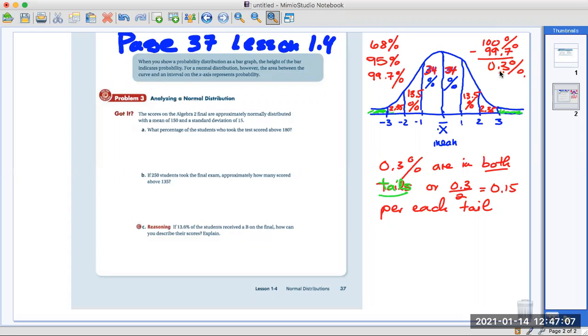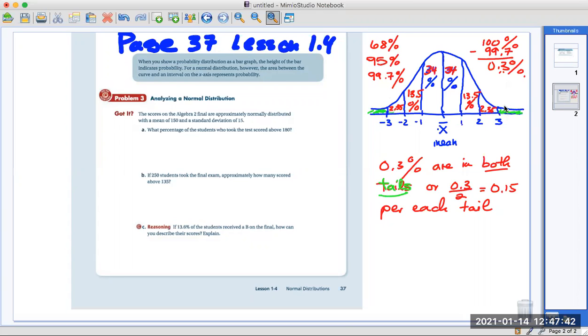The data within 1 standard deviation is 68%, 34 plus 34. 95% are within 2 standard deviations, and 99.7% of all the data points are within 3 standard deviations. So these are the numbers we want to remember: 68, 95, 99.7. That leaves 0.3% for both of the tails.